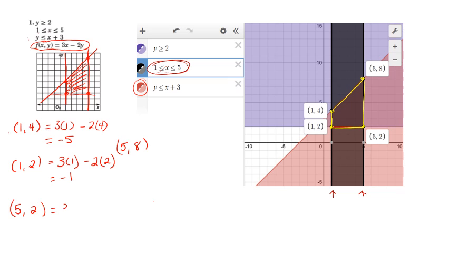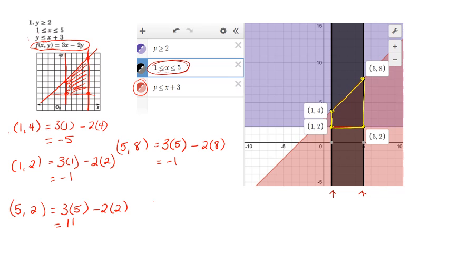Okay, then I'm going to do 3 times this x coordinate minus 2 times this y coordinate. I get 15 minus 4, which is 11. And then finally 3 times my x coordinate minus 2 times my y coordinate, and I get 15 minus 16, which is negative 1.